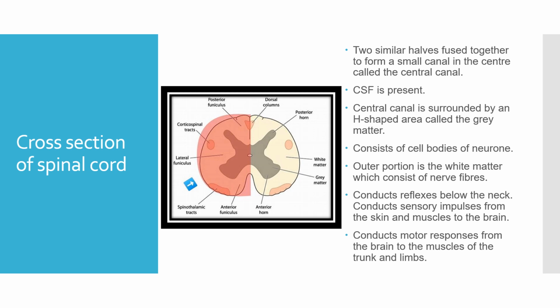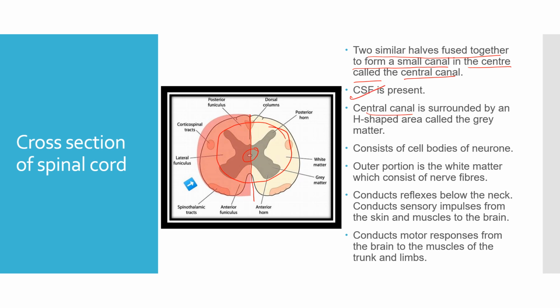Now here we are with the cross section of the spinal cord. So there are two similar halves fused together to form a small canal in the centre, called the central canal. You can see that two equal parts are fusing together to form a central canal. Now cerebrospinal fluid, or CSF, is present.